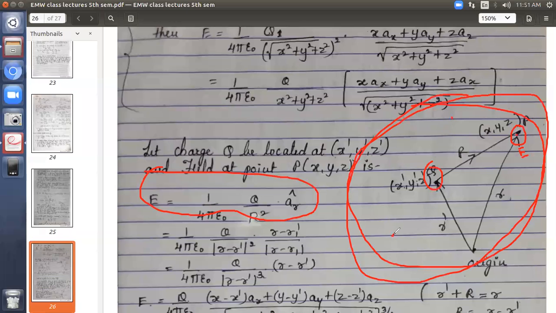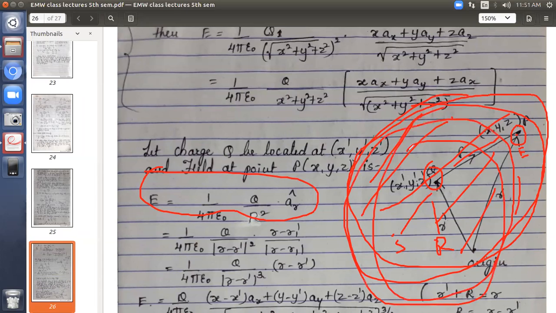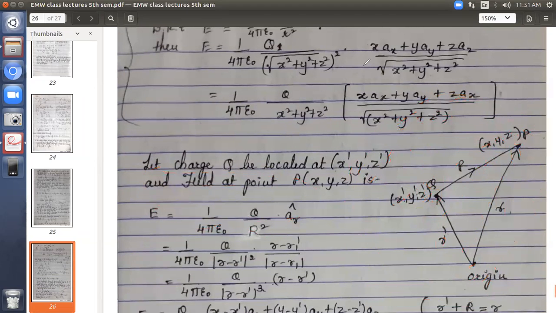If I check at point S or point R, all these field values will be different. Hence it is called a vector field: a quantity wherein the vector value, that is the electric field value, is not the same throughout. The field is set up all around, but that doesn't mean it is the same throughout. The value will be different at different points. This we have to remember.